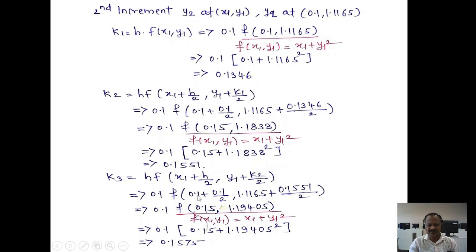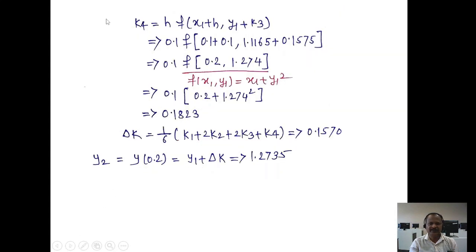After solving this, we will get 0.15 comma 1.19405. Now this is the function. So f of x1 comma y1 is equal to x1 plus y1 bracket square. So 0.15 plus 1.19405 bracket square, multiplication with 0.1, we will get the answer k3 is equal to 0.1575.